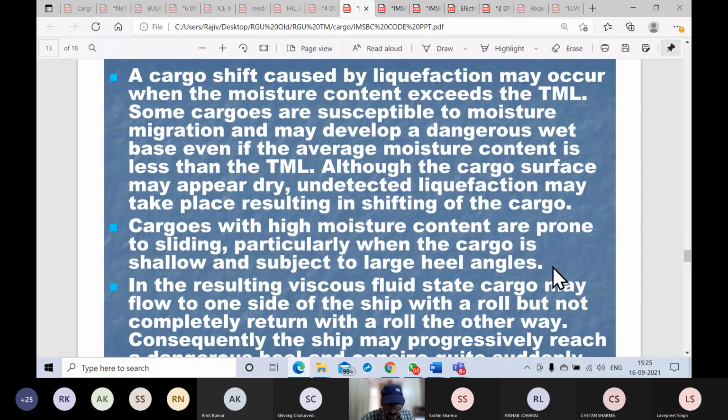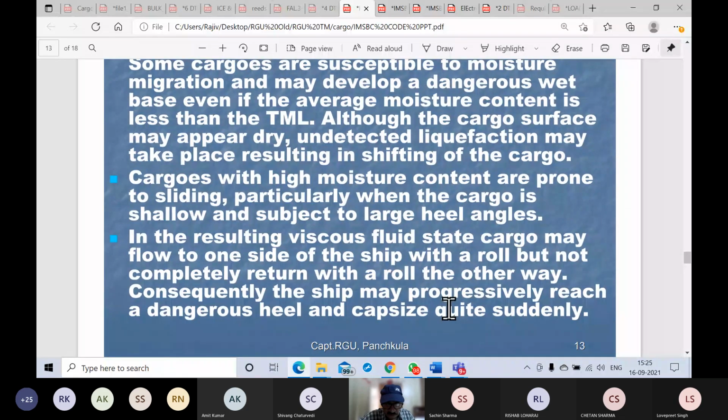A viscous fluid state may develop, which can make the cargo move from one side to the other during roll. There is a chance the ship may reach a dangerous list, actually not heel, list, and capsize quite suddenly, which you are aware of because it is causing loss of GM, fluid state.